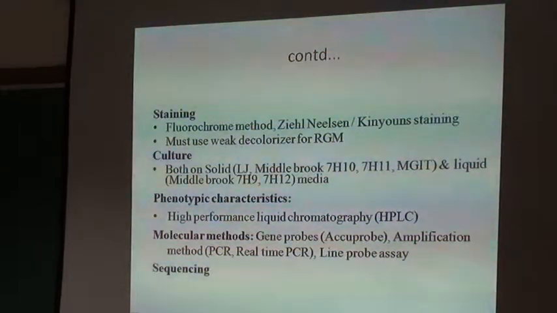And during the staining method, we must use a weak decolorizer for rapidly growing mycobacteria. It can be cultured both in solid media and liquid media. The different solid media that can be used for the diagnosis of NTM infection are LJ media, Middlebrook 7H10, 7H11 media. And in case of liquid media, the Middlebrook 7H9 and 7H12 media.